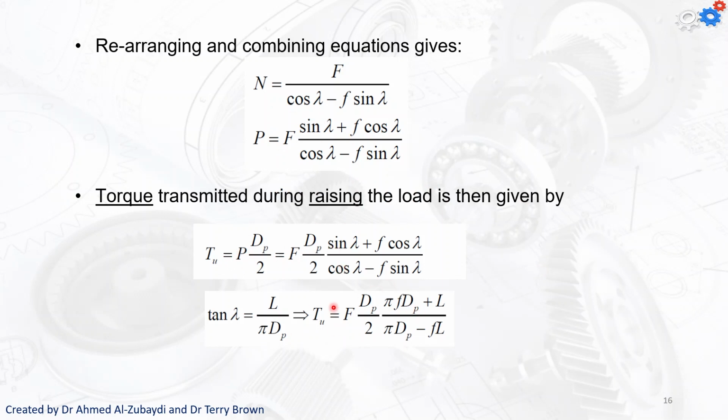So the torque required to raise the load is given by this. That's our load that we're trying to lift, the pitch diameter of the screw thread, the coefficient of friction, and the lead of the thread. Okay, so that's how we work out the torque required to raise the load.